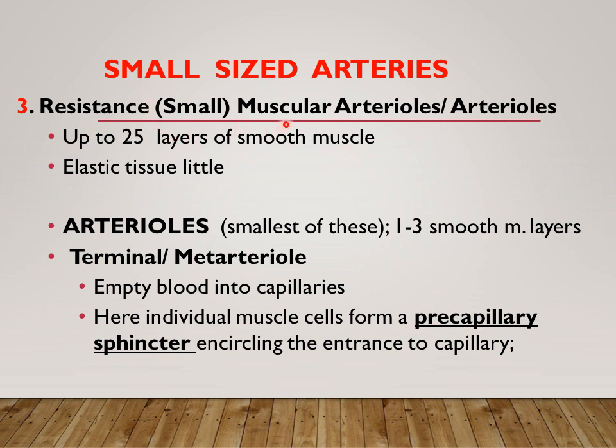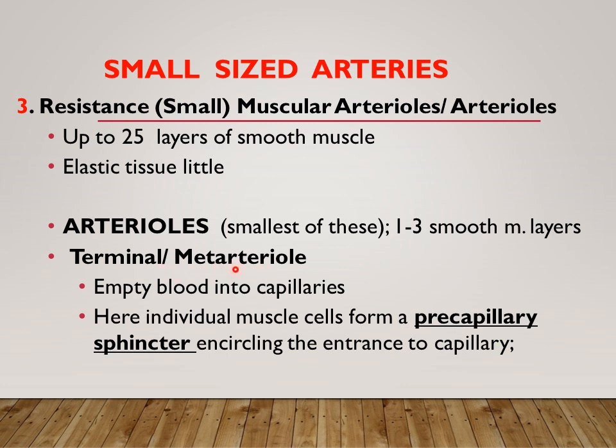And if we label only the arterioles, not the muscular arterioles, these are the smallest arteries. These smallest arteries have only 1 to 3 layers of smooth muscle in the tunica media, and the terminal blood vessels of these arterioles, which end up in the capillary, are known as metarterioles.